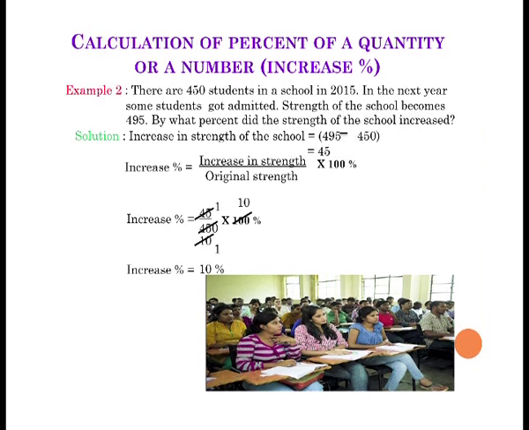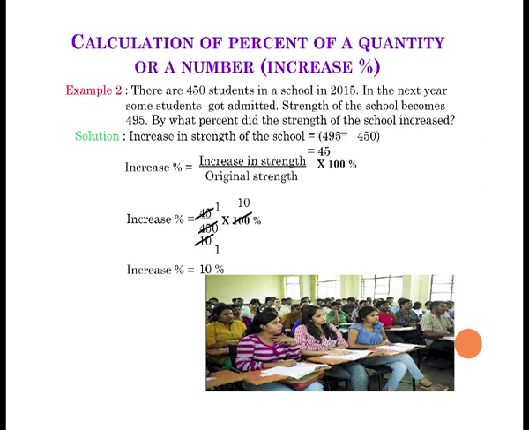The solution: the increase in strength of the school is 495 minus 450, because the original number of students is 450 and the new number is 495. So the increase is 495 minus 450, which is equal to 45.